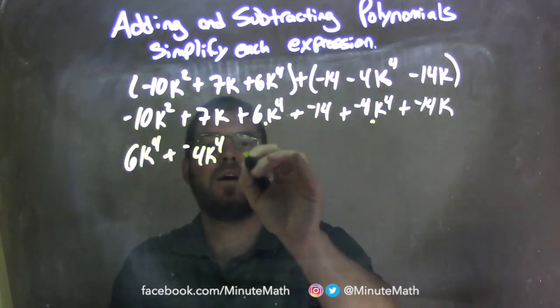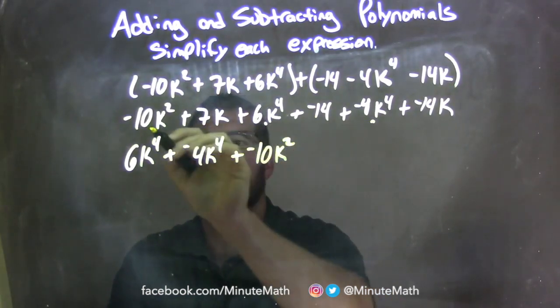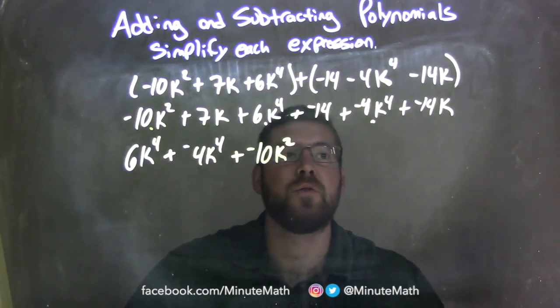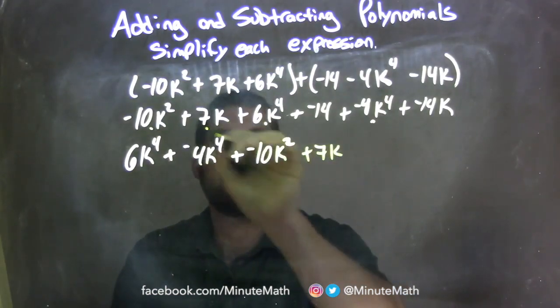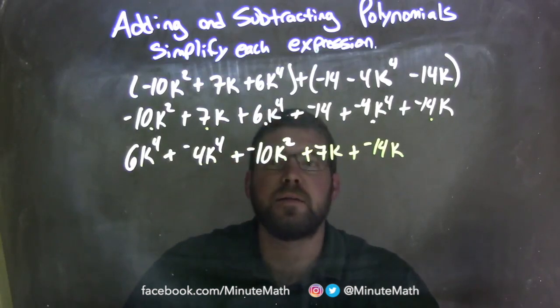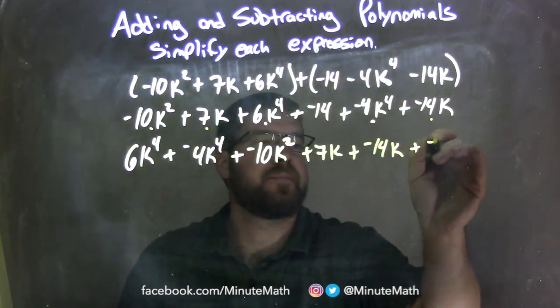I see we have negative 10k to the second power right here. Then from there, I don't see anything else in the second power, so let's go to the first powers. We have 7k and a negative 14k right there. Lastly, I don't see anything else with k, so let's go to the constants, and it's negative 14.